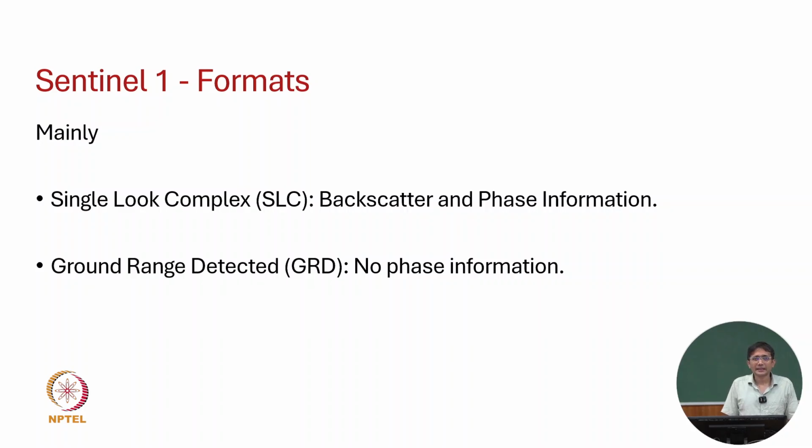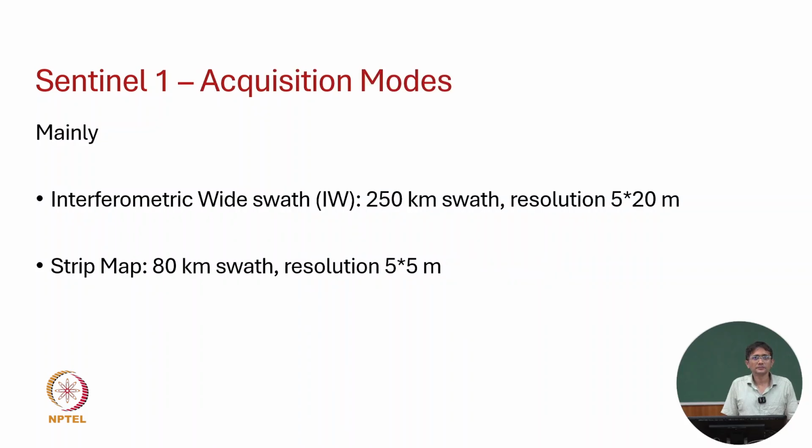We also have ground range detected, which doesn't come with phase information. And Sentinel-1 also comes with different acquisition modes, such as interferometric wide swath or stripmap.